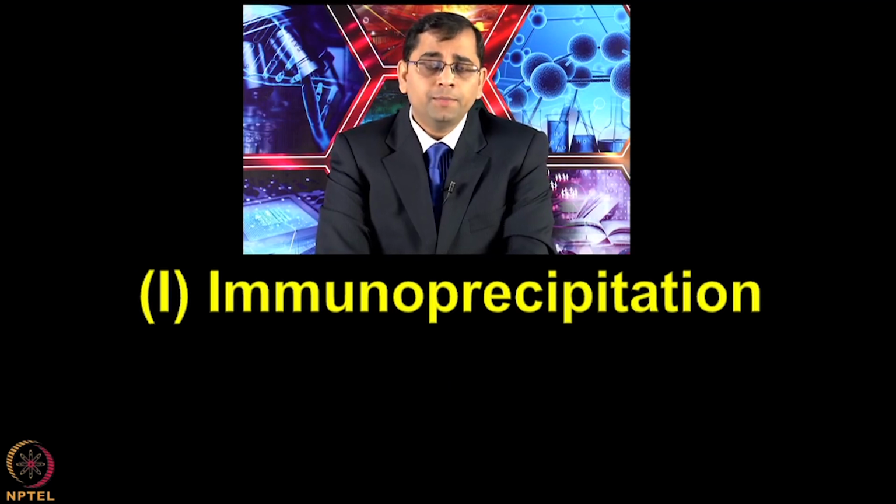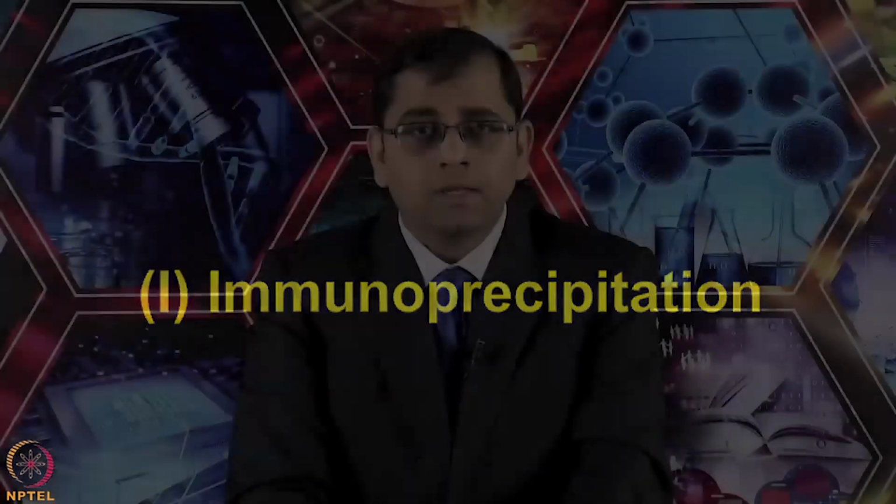IP or tandem affinity purification, also known as TAP, is a technique used to purify protein complexes and study the protein-protein interactions. Depending on the protein that needs to be purified, different types of tags could be attached to the bait proteins.